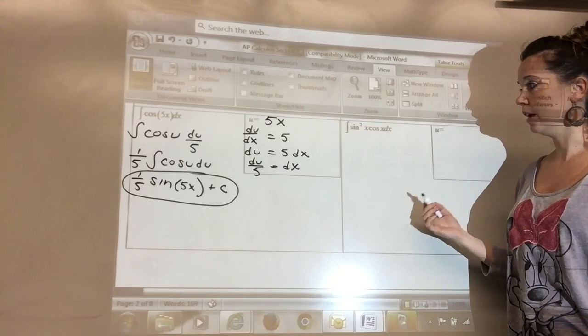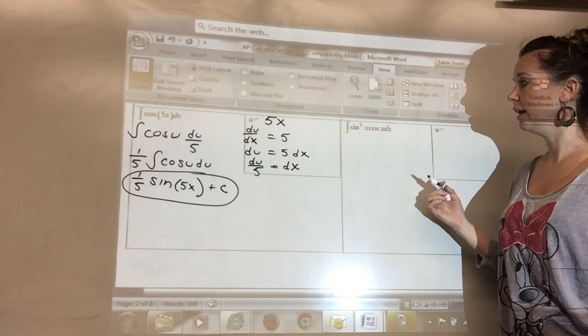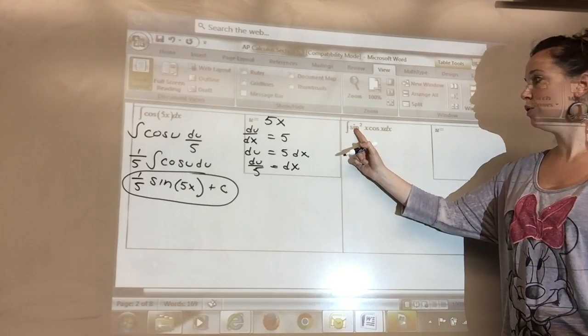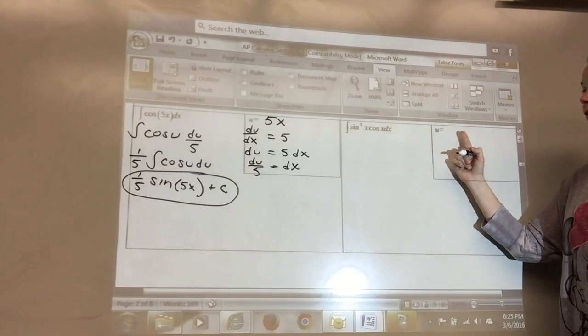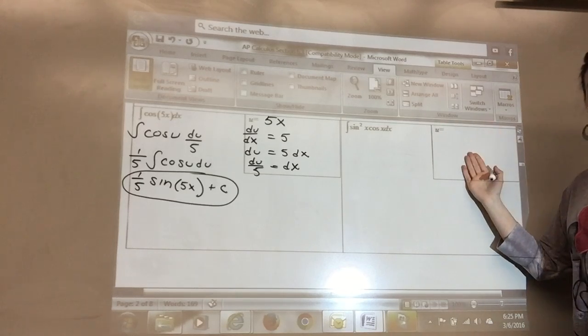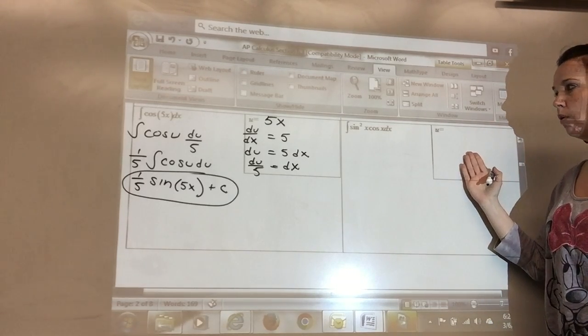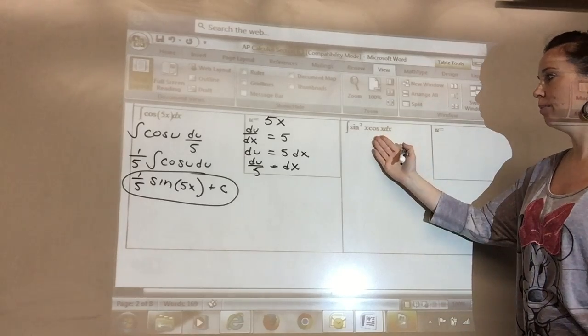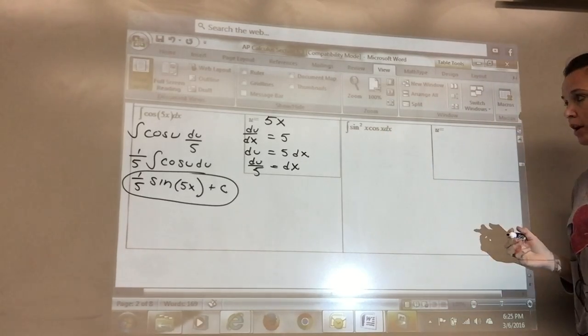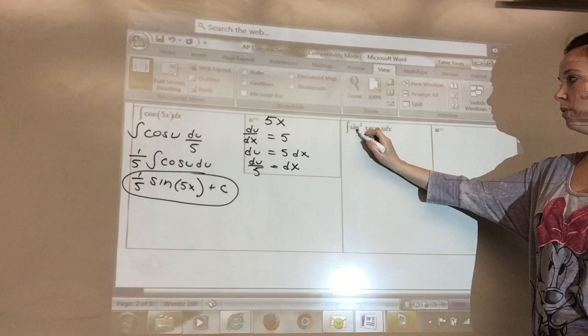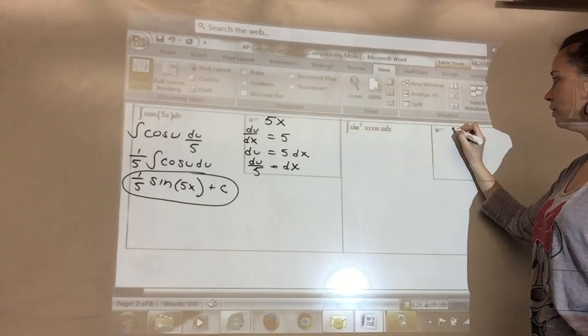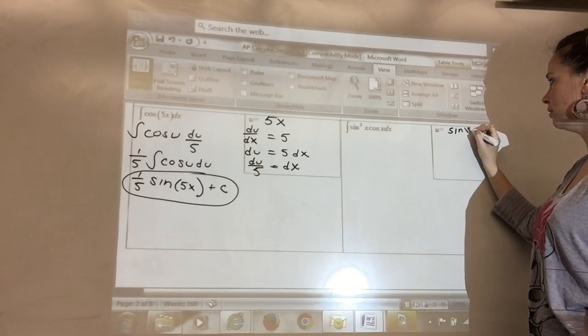What I like to think about when I make my choice is whatever I choose u to be, the derivative is where it will go next. And I like to think about how when I take the derivative, what will that do in affecting my problem? So my choice is actually going to be to choose just the sine of x.